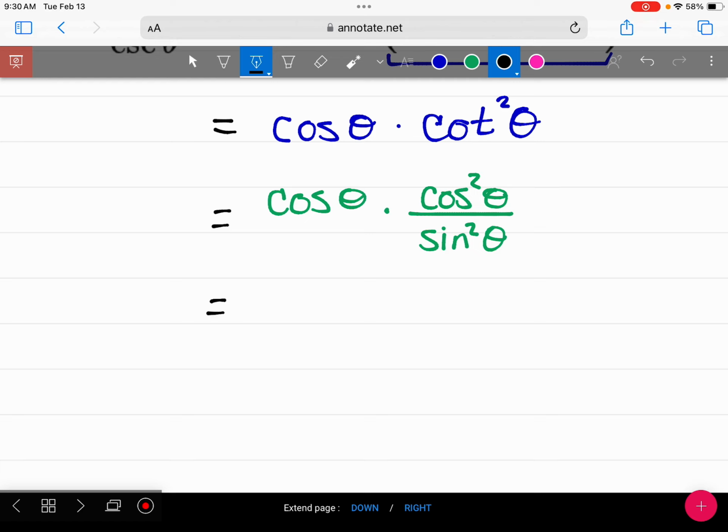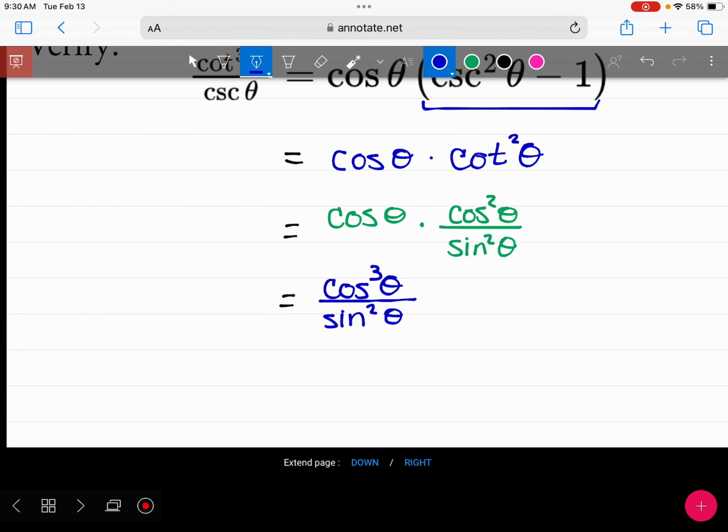So we can multiply that together. That's going to give us cosine cubed theta over sine squared theta. And we're getting there. Like things are being all right. But I'd really like cotangent cubed.